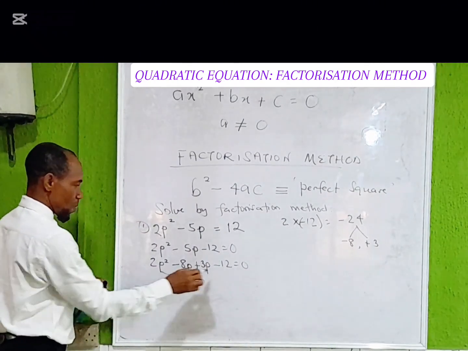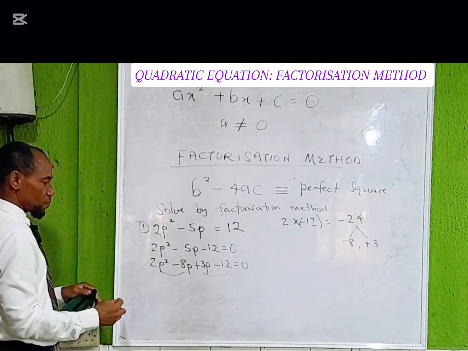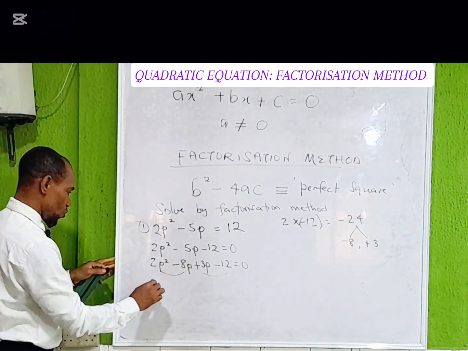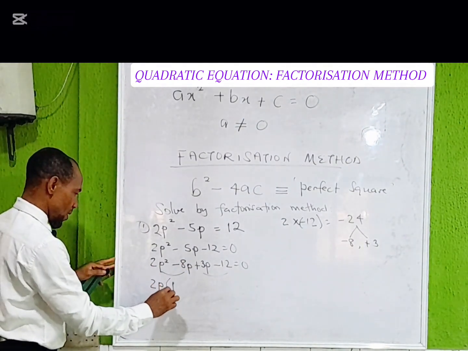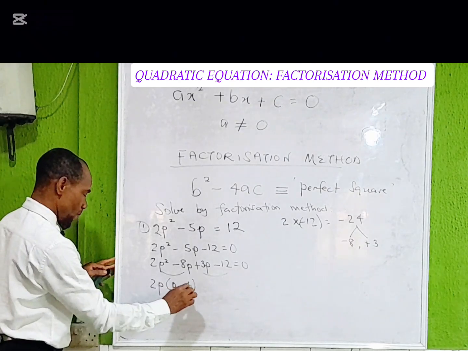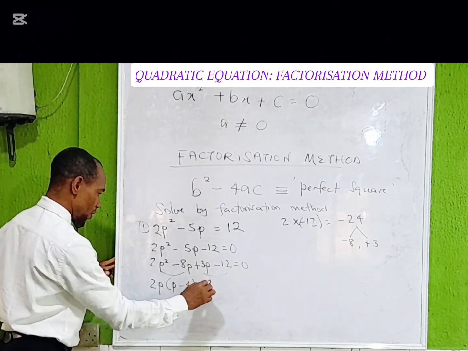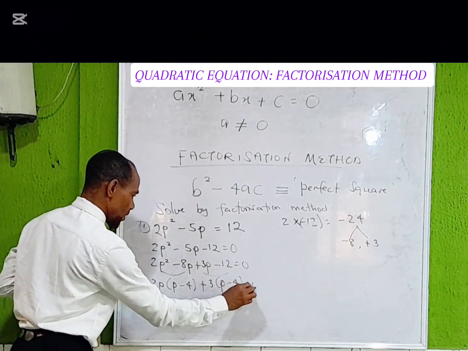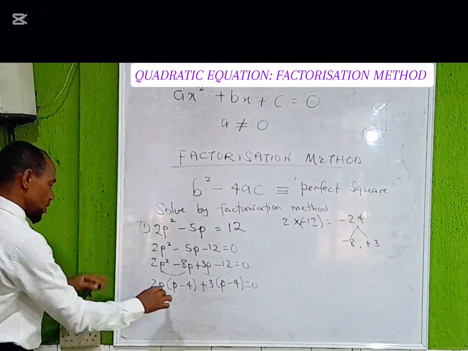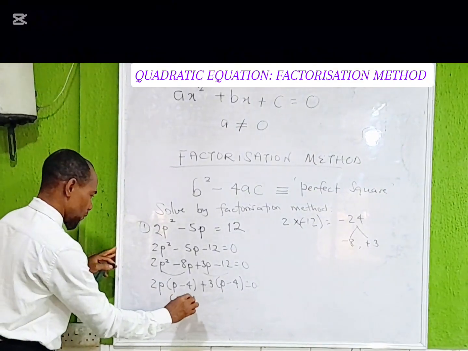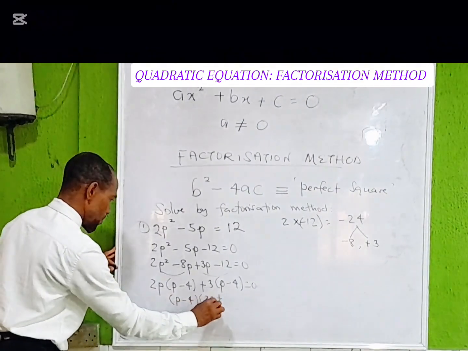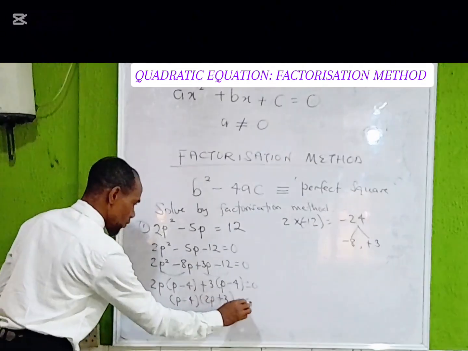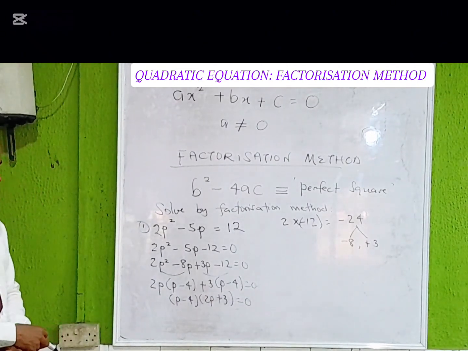Then as before, we pair up and we factorize respectively. So what's common here? We have 2p common, then p minus 4, plus what's common here? 3. And as I said earlier on, necessarily the contents of the bracket will be the same. Hence, we have p minus 4 and then 2p plus 3 equals 0. I believe it's quite straightforward.